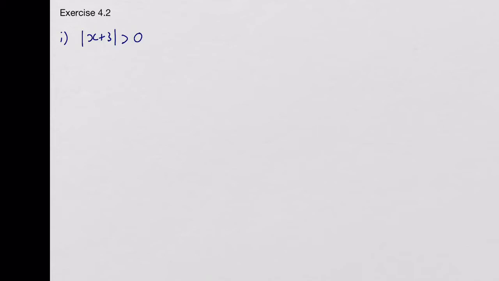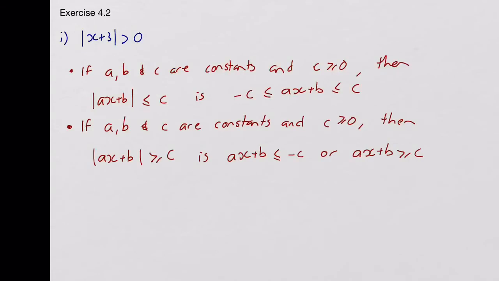The shortcut is this. Firstly, we've got two different conditions. First of all, if a, b, and c are constants, where a represents the coefficient of x, b represents the constant, and c represents the value on the other side, and c is greater than or equal to 0, in other words, this can't be negative to apply this rule, then the absolute value of ax plus b less than or equal to c is negative c less than or equal to ax plus b, less than or equal to c.